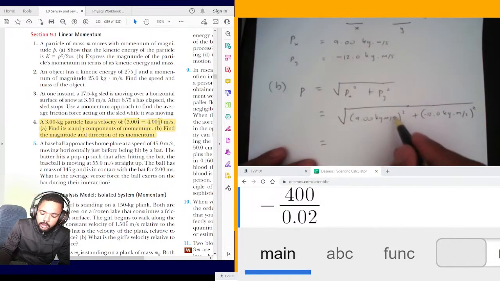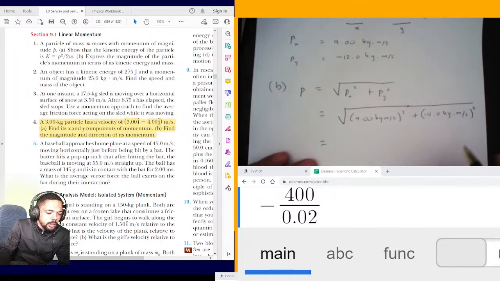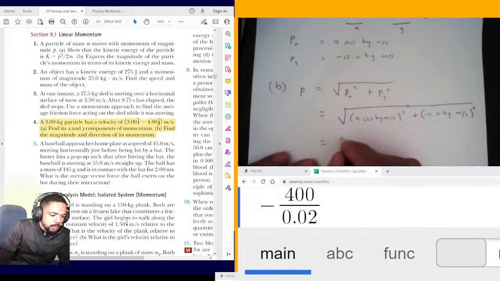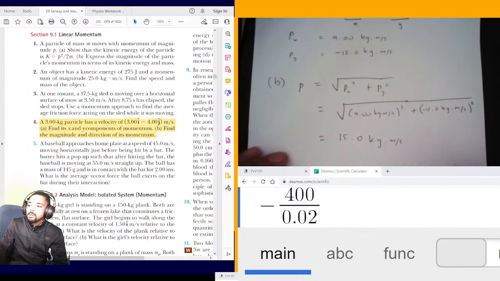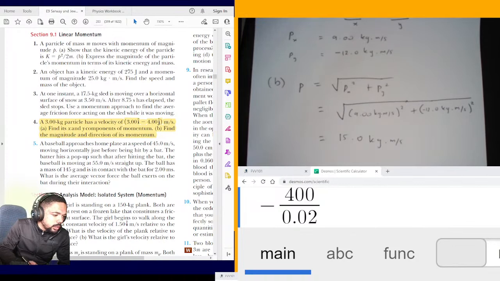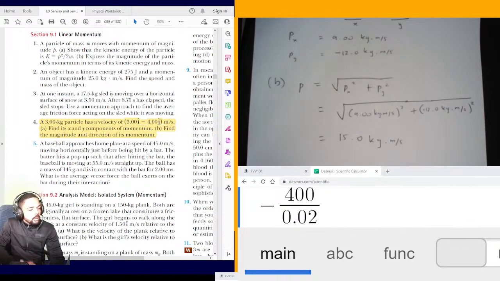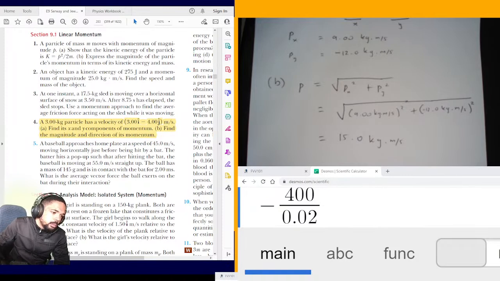That will give you 81 plus 144, which is 225, and the square root of that is 15. I can't remember my special triangle. So 15 kilogram meters per second is the net momentum of this particle. Of course, you can also work out its direction.